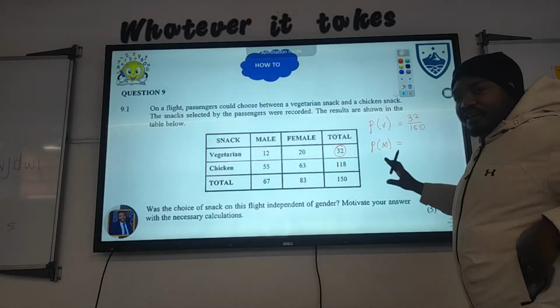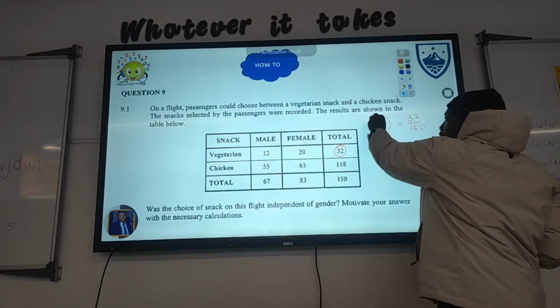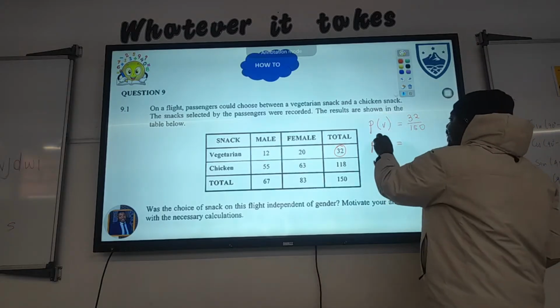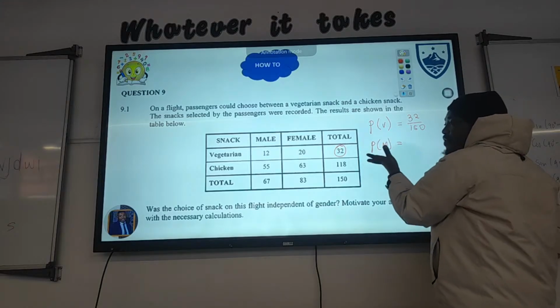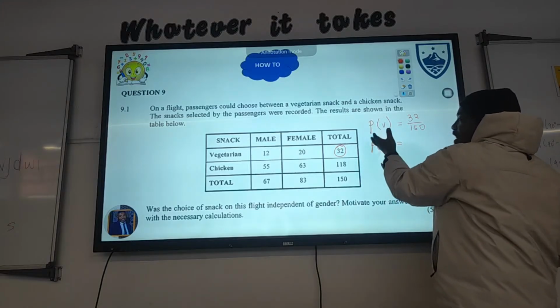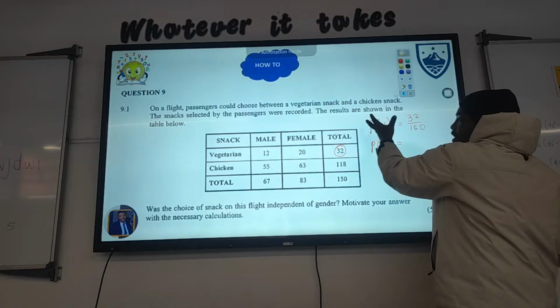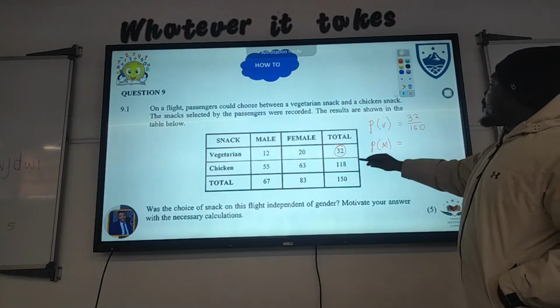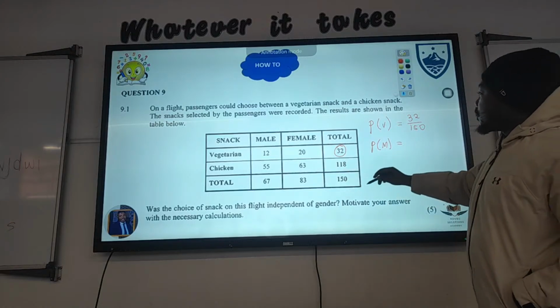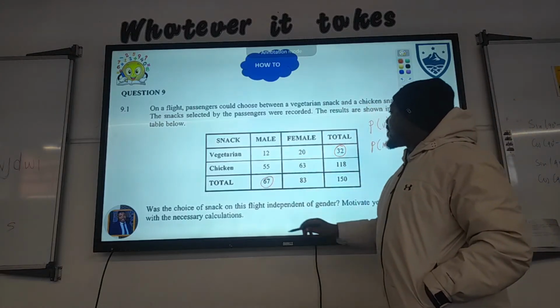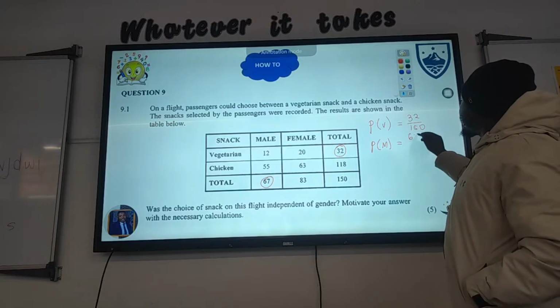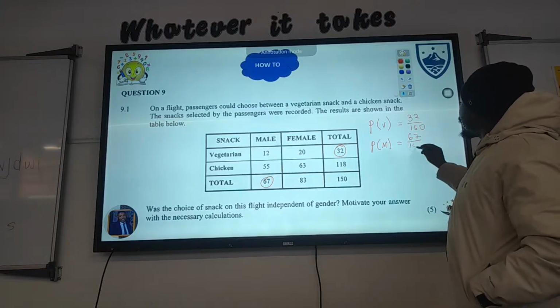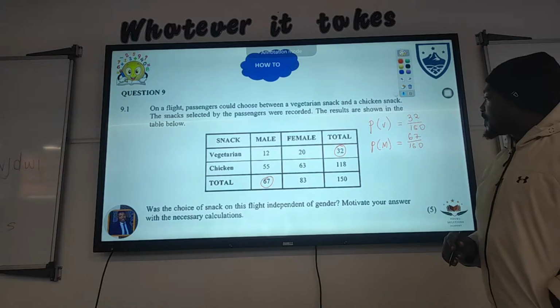You can choose to pick the probability of chicken and the probability of a female, or chicken and male, or vegetarian and female. I hope you get it. For a male, the total number of males is actually 67. So the probability of picking a male is 67 over 150.